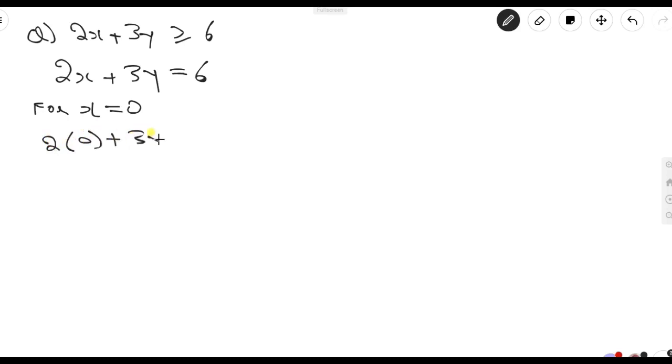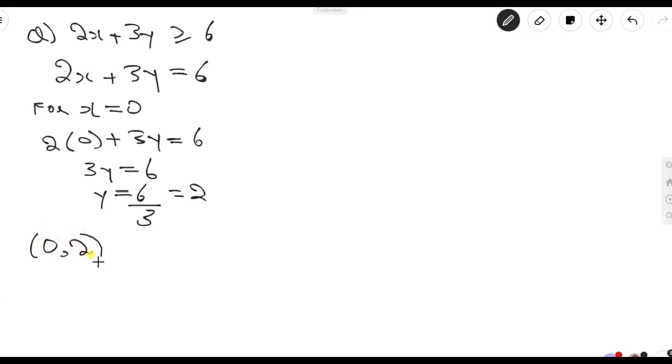So the value of y is 2. So you can see that here your y-intercept is (0, 2). That's your 1 point.